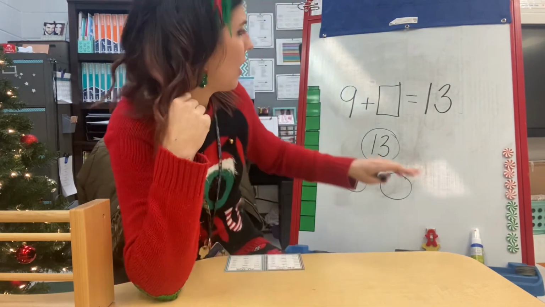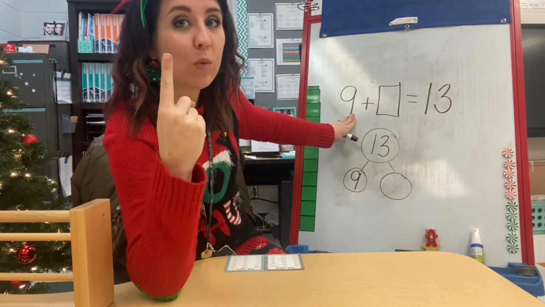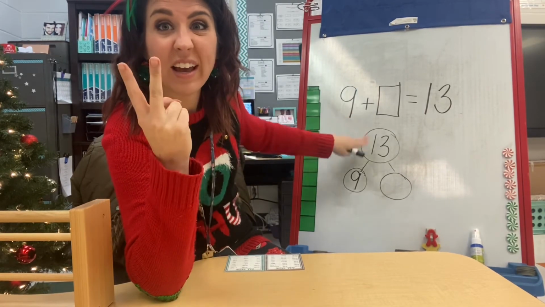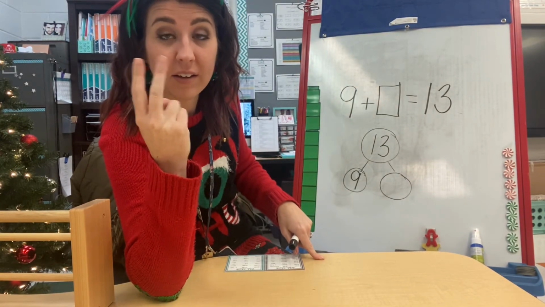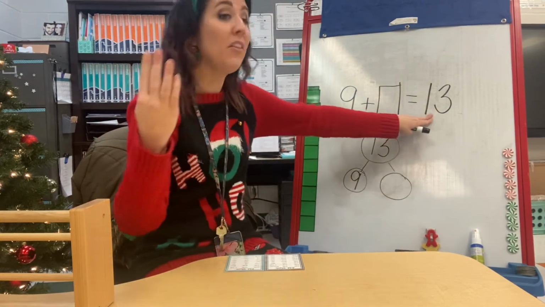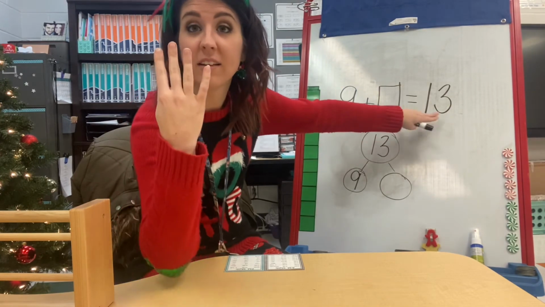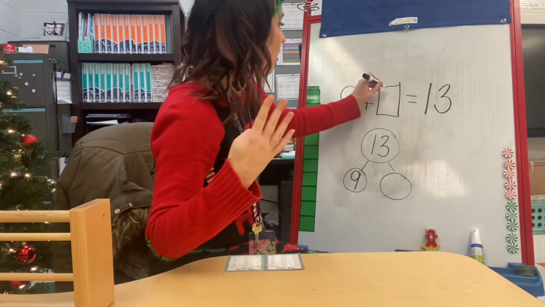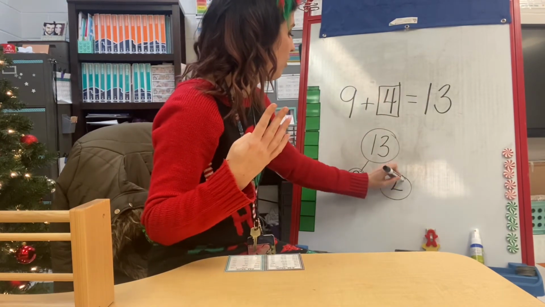Okay? So I have 9. If I add one more, how much do I have? 10. If I add another one, 11. If I add another one, 12. If I add another one, 13. How many do we have to add to get to 13? 4. The other part was 4.